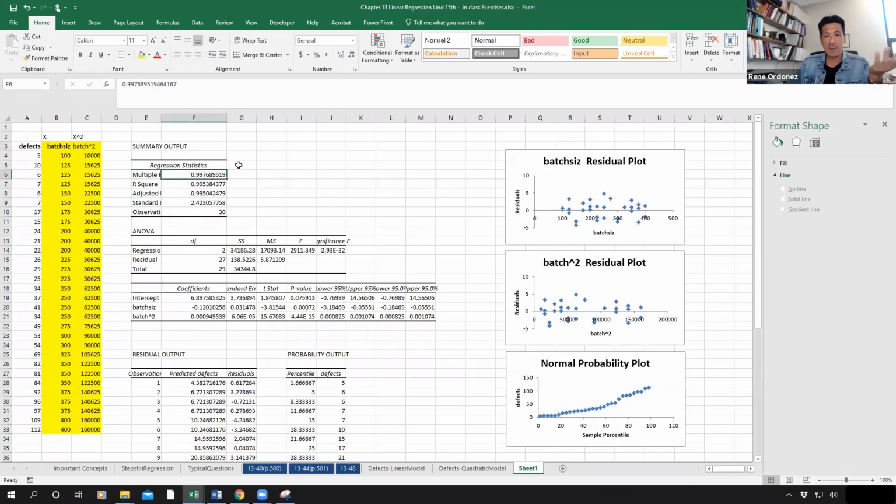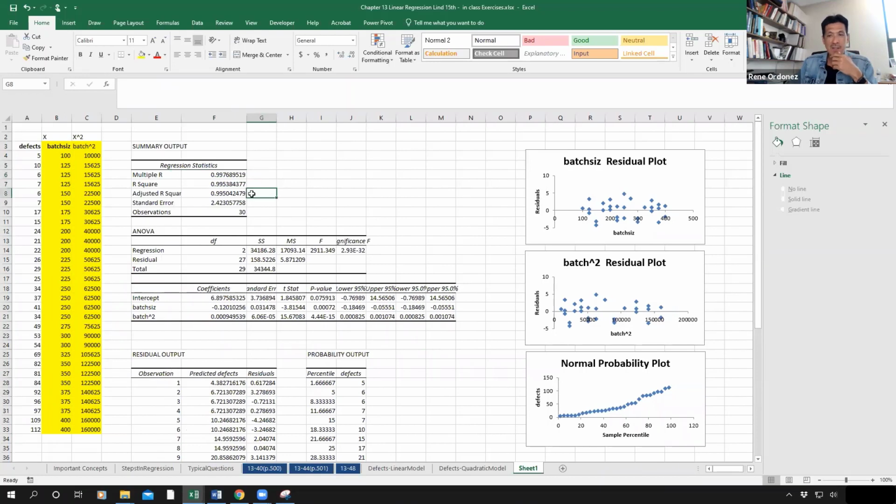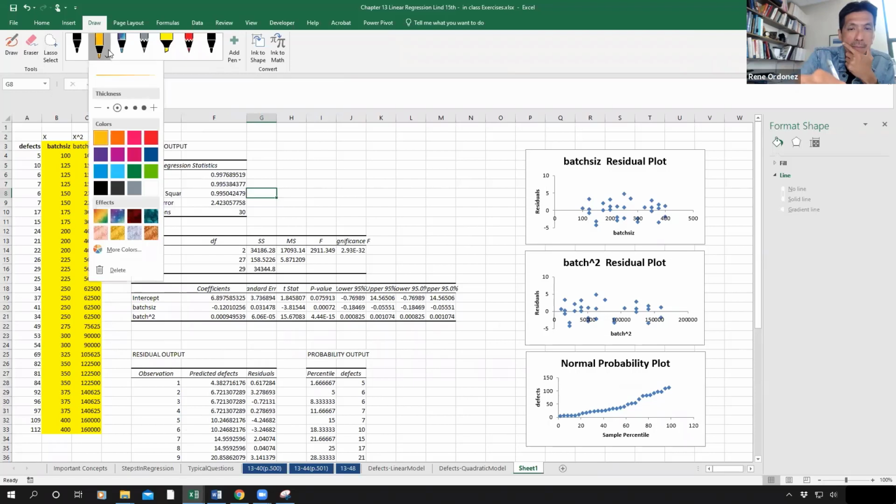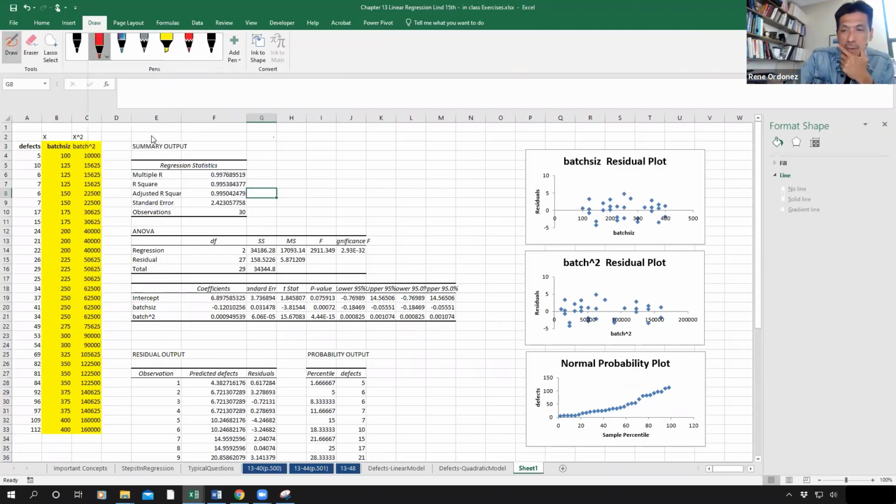Okay, so this was the number we obtained earlier. So the quadratic model can be written this way. Y is equal to 6.89.